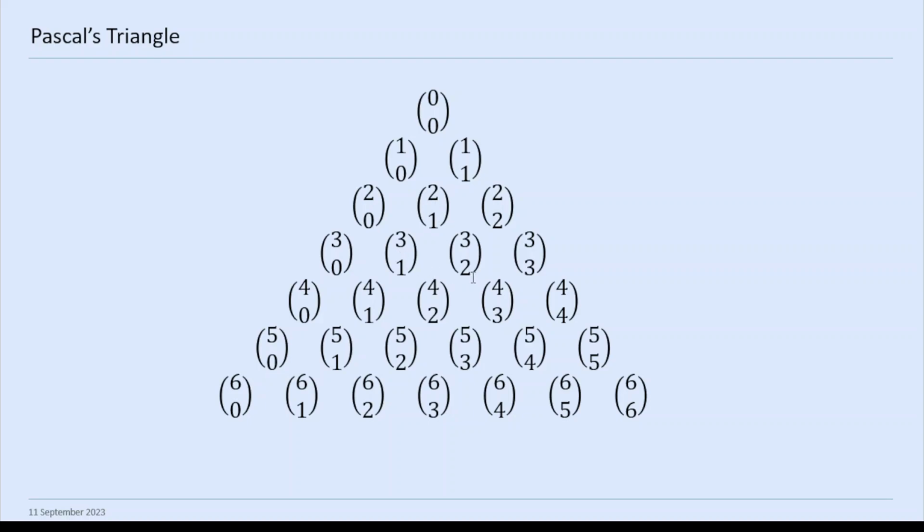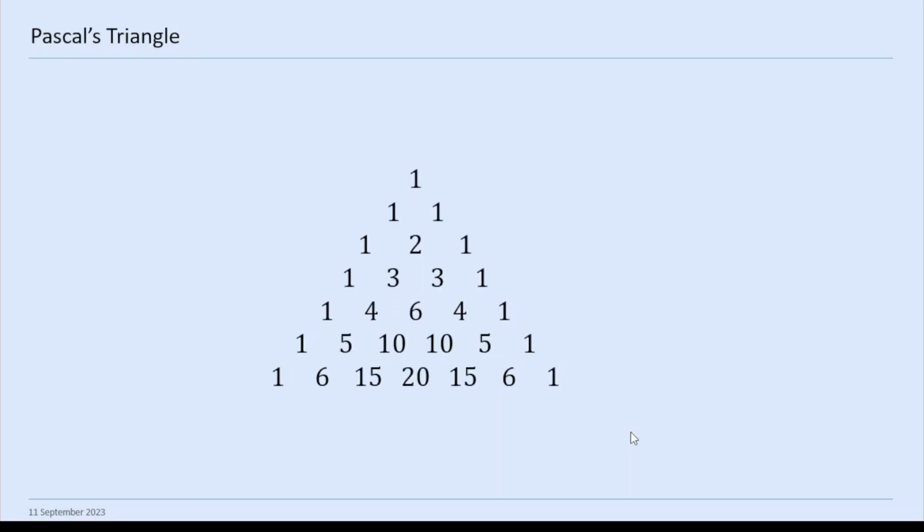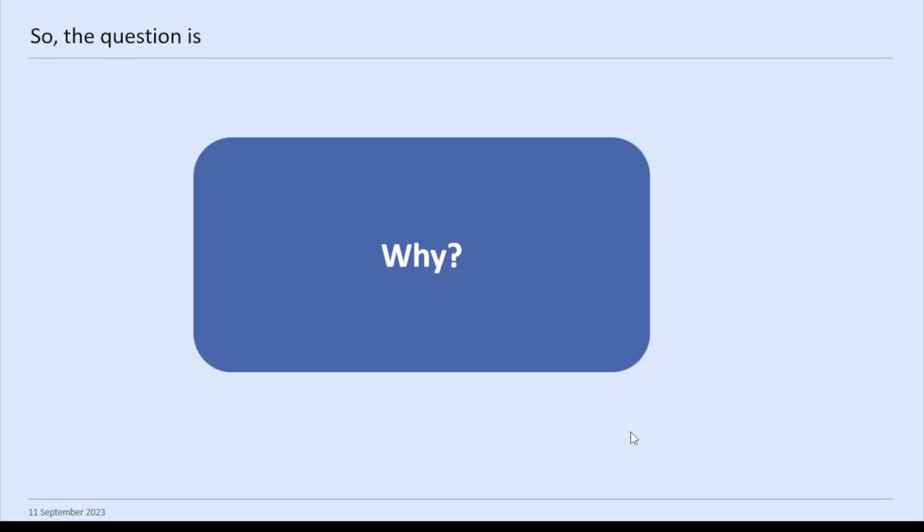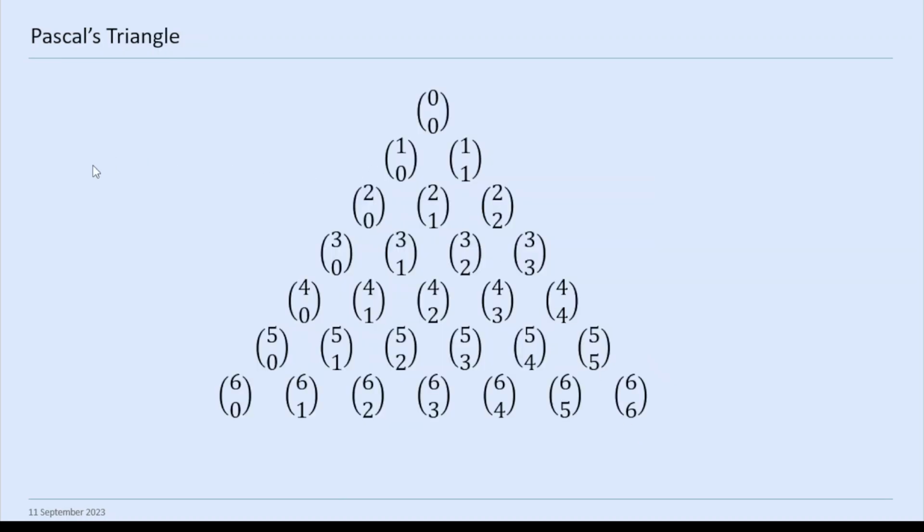And this is how many ways can you choose 2 from 3 with the order not being important, or 2 from 4, or so on. So this is actually another way of thinking about Pascal's triangle, and if we just do the numbers, we'll find that it's the same as this. So let's flick between them.